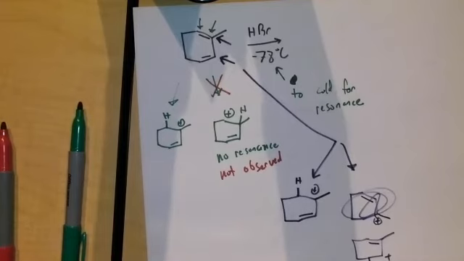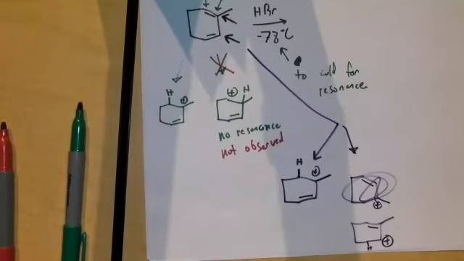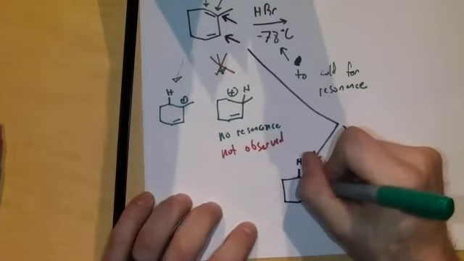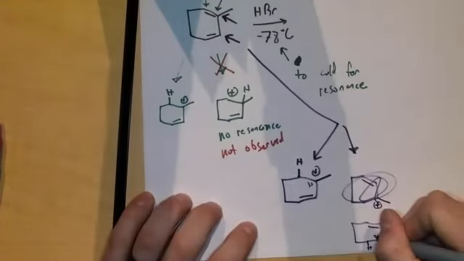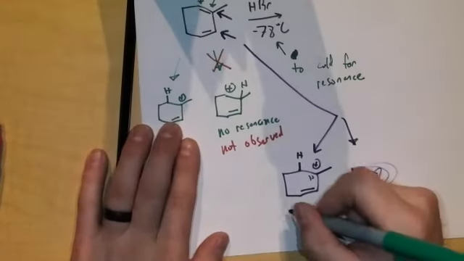These two here. We're going to follow the same rules as we have been following, where you're going to want to add it to the more substituted center, especially for this initial attack. So we have a tertiary and a secondary. This is going to be our major product.